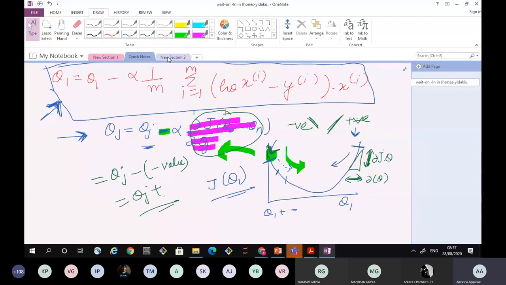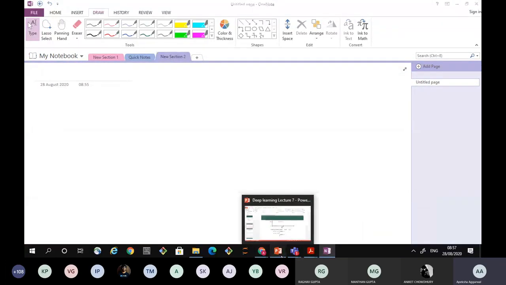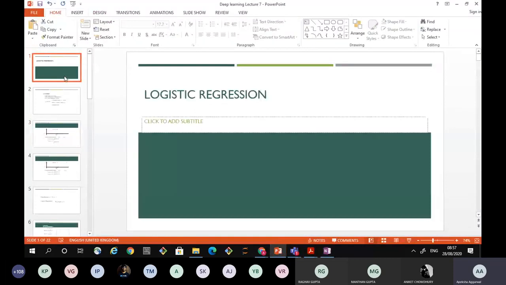Okay. So let's come to logistic regression. So आज हम will start with the logistic regression. So linear regression में we have seen that linear regression is for data that is consisting of numerical values. ठीक है? And in logistic regression, the output would be the class labels instead of the numeric values.